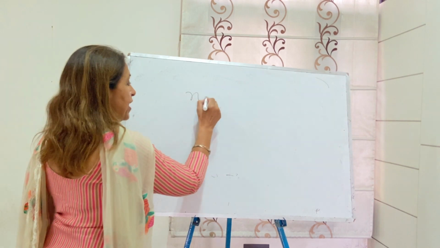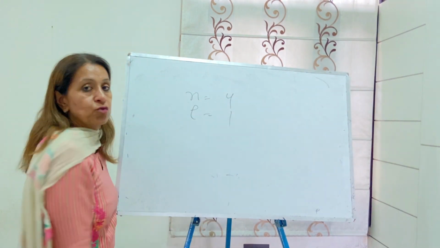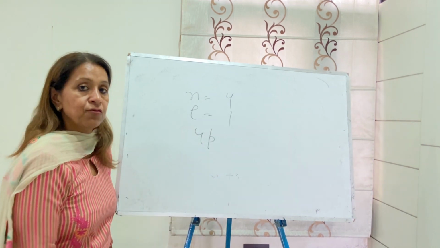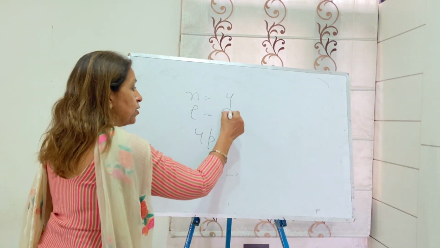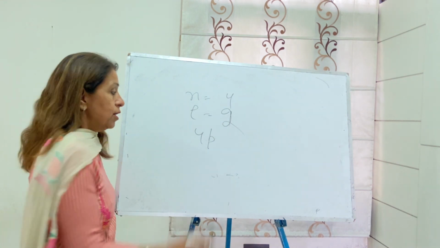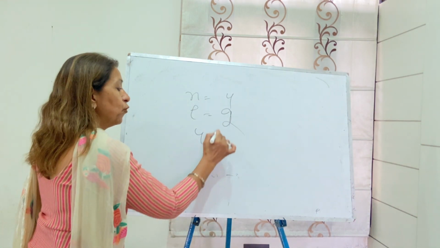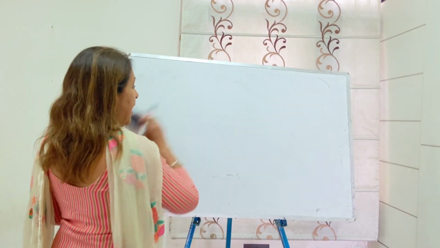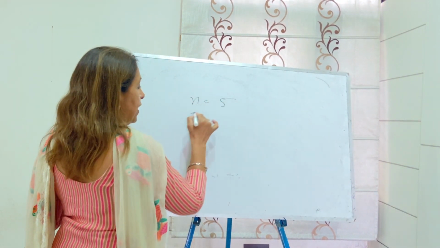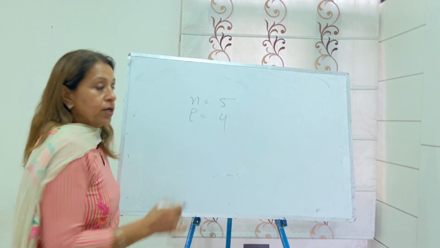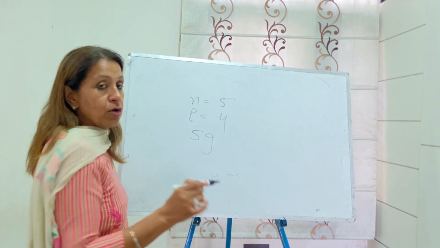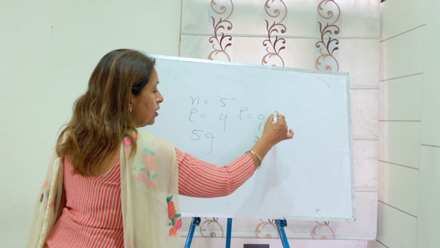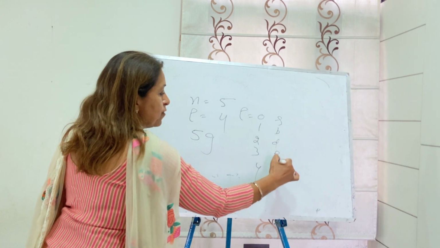Designate it. If I write n is equal to 4, l is equal to 1, what does it mean? The answer is, the electron is present in 4p. If n is equal to 4, l is equal to 2, this means the electron is present in 4d. l equal to 2 means d. If n is 5 and l is 4, it is 5g, because l goes 0, 1, 2, 3, 4, and the subshells are s, p, d, f, g.